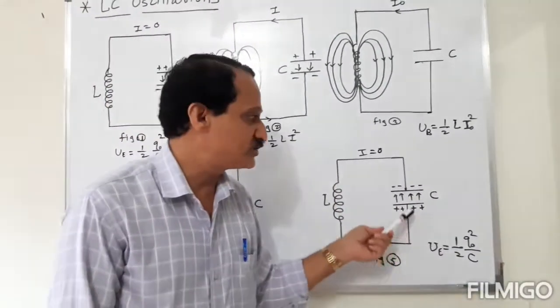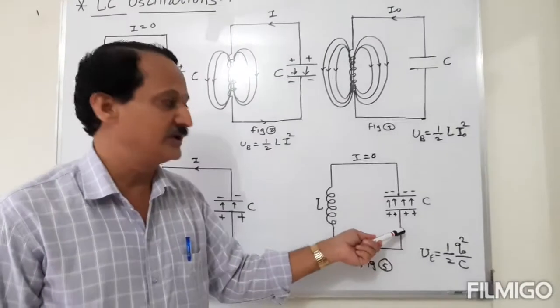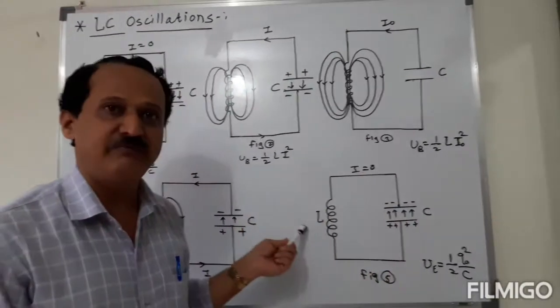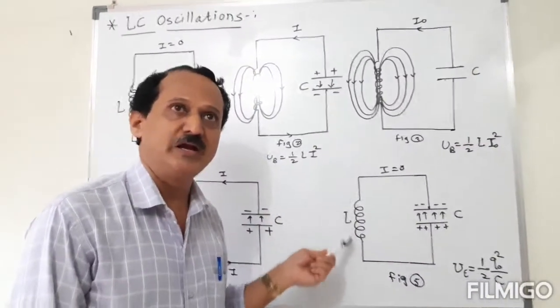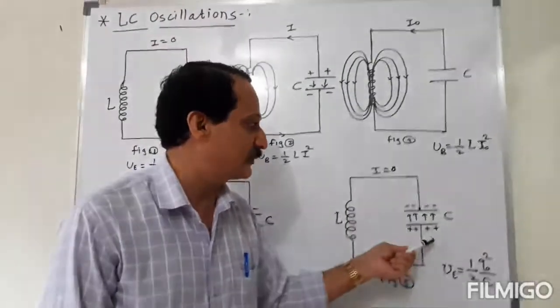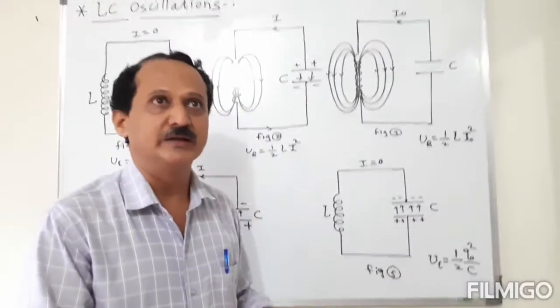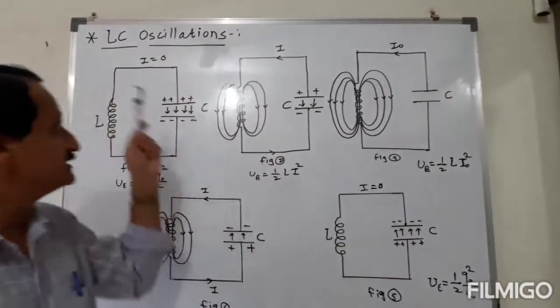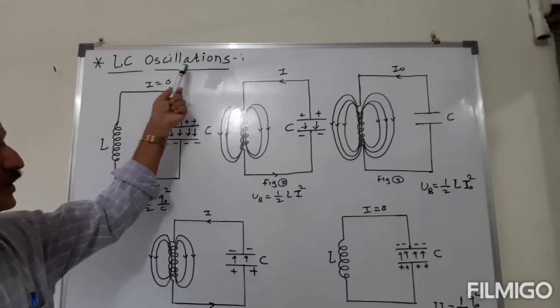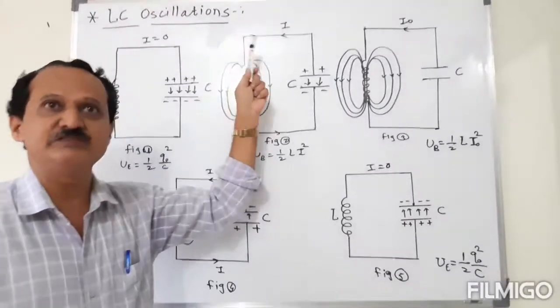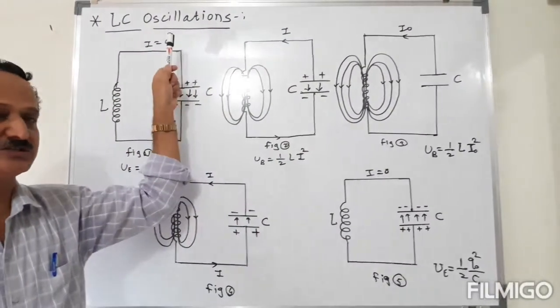This process of conversion of electrostatic energy of the capacitor into magnetic field energy of the inductor, and back again, goes on repeating, and this conversion produces electrical oscillations of desired frequency, which are called LC oscillations.